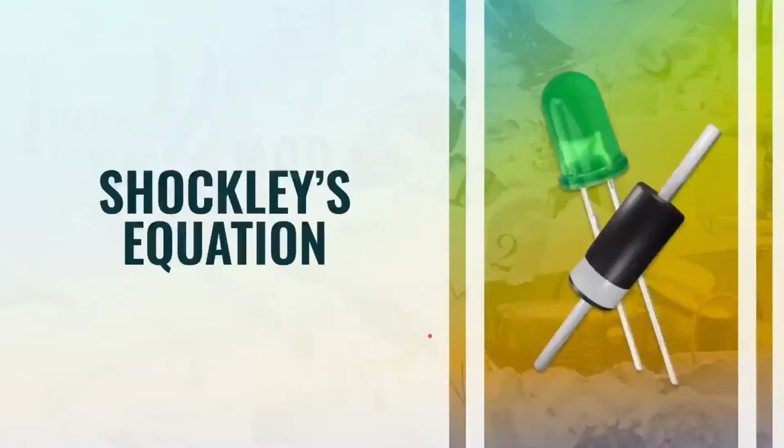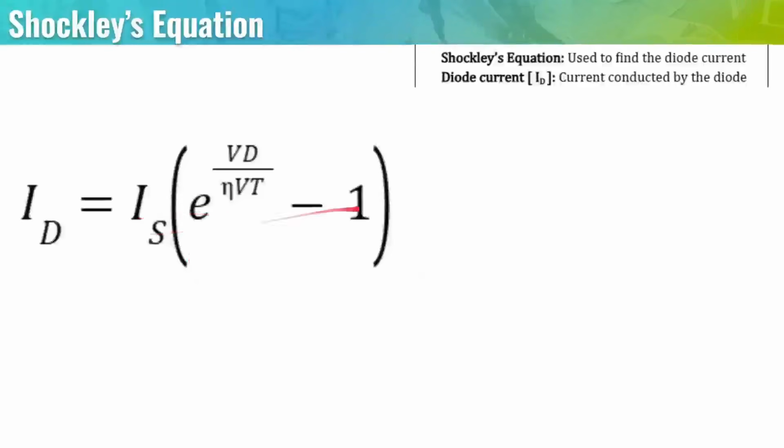on the diode. So this is Shockley's equation. It was actually taught before the other effects, but I decided to put it here since it's rather more complicated compared to the other ones. Shockley's equation is used to find the diode current, which is the current conducted by the diode.